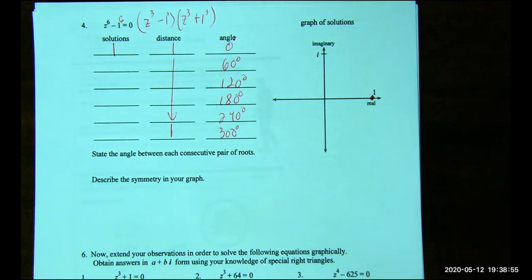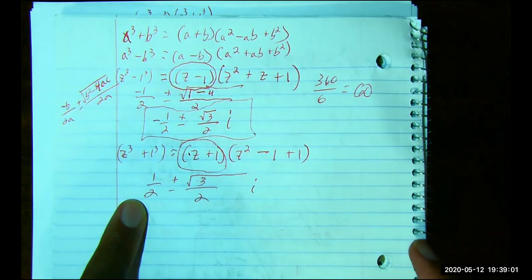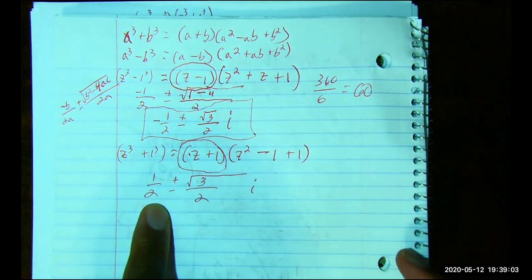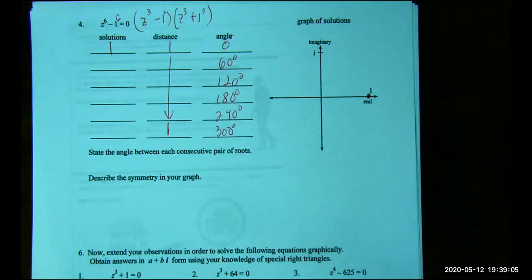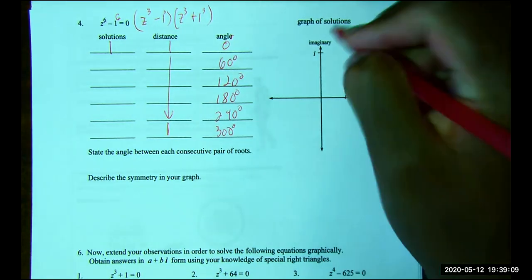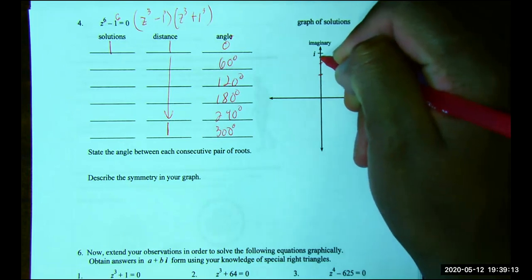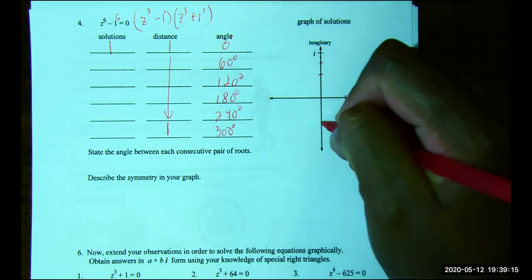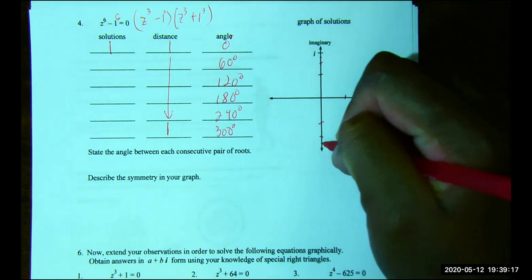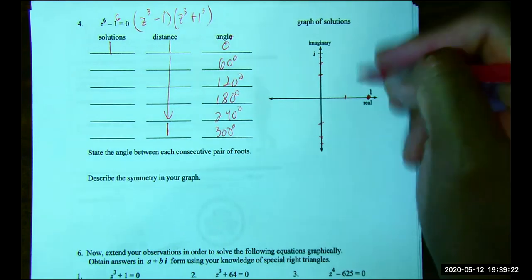Now my next solution. Looking at these, it's going to have to be the positives, because we're going to go to the right 1/2 and go up and go down. So this is 1/2. Somewhere around 0.866, or 86.6%.